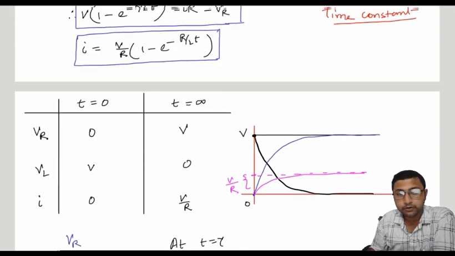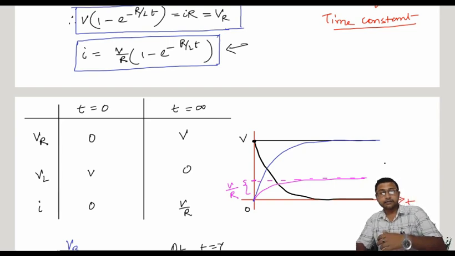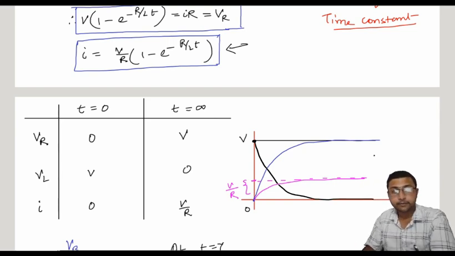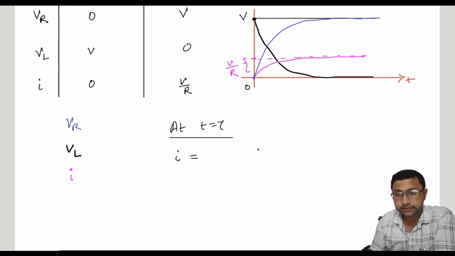If we put the value of tau in this equation, tau equal to L by R, I am going into details so that you will not face any difficulties.